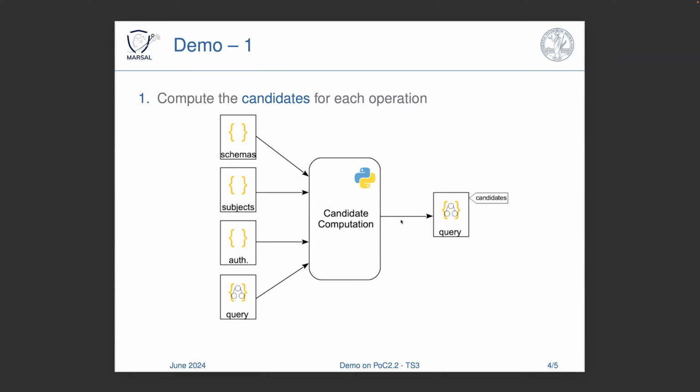The application returns for each node its candidates, as well as the relation profile of the node, assuming that all attributes are encrypted, but the one that must be in plain text for the execution of the operation.